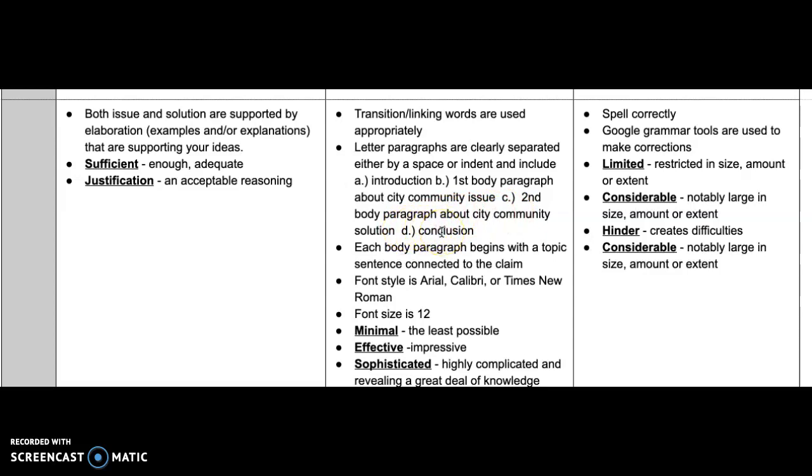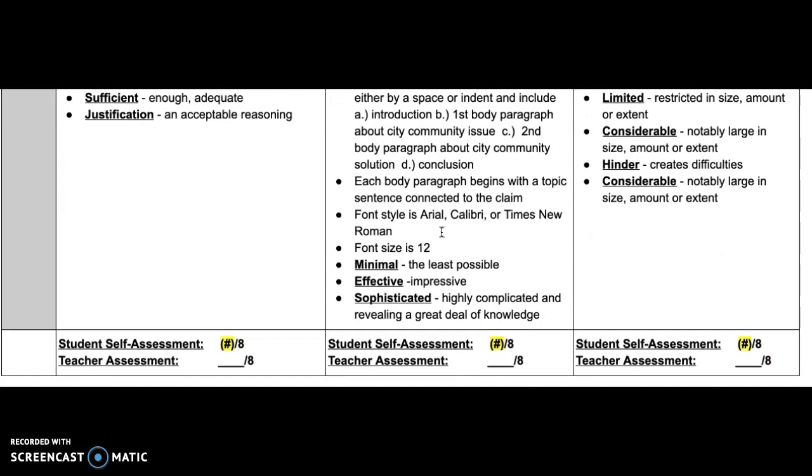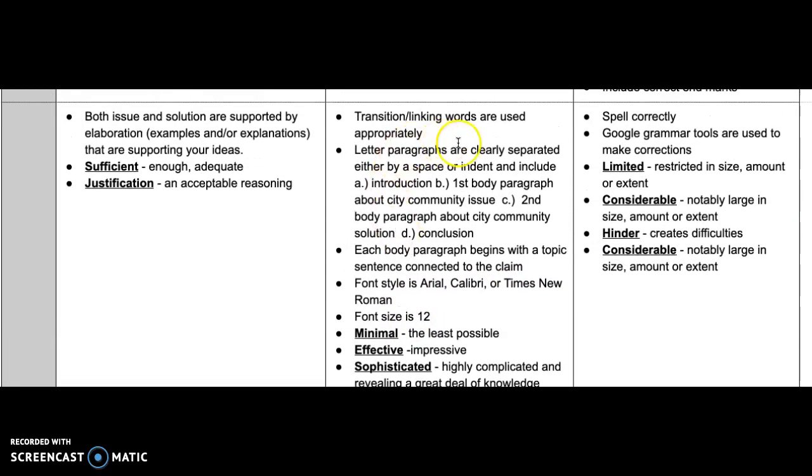So they need to be in that order. Each body paragraph begins with a topic sentence connected to the claim. The font style is Arial, Calibri, or Times New Roman. The font size is 12, and that's how you should be checking to see if you have all of that.